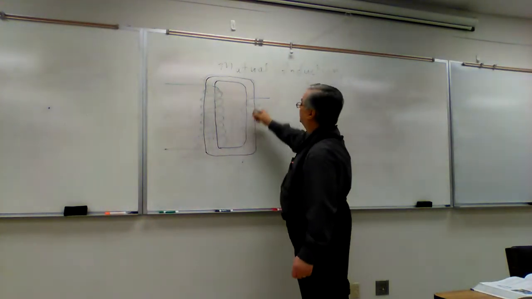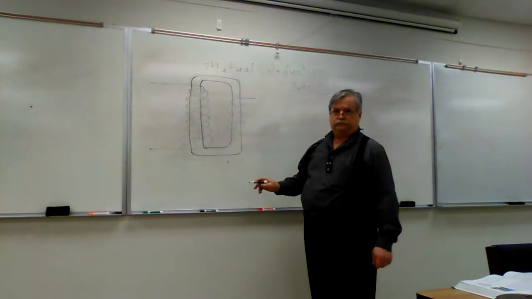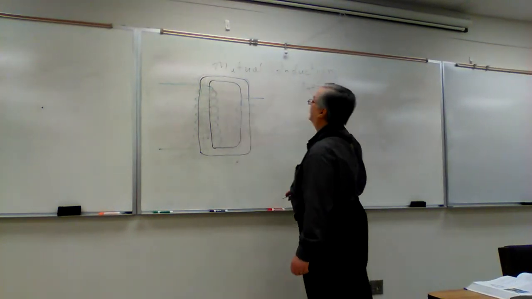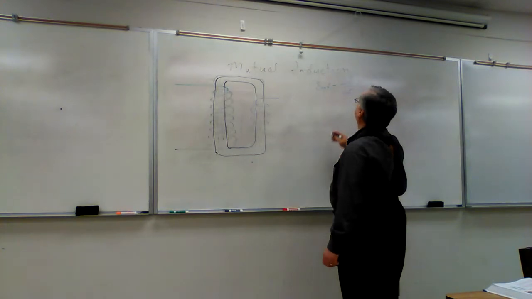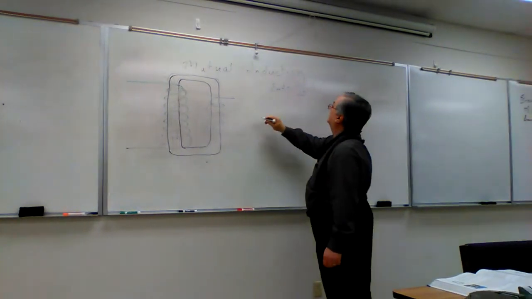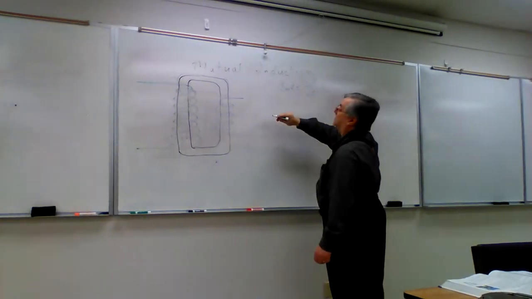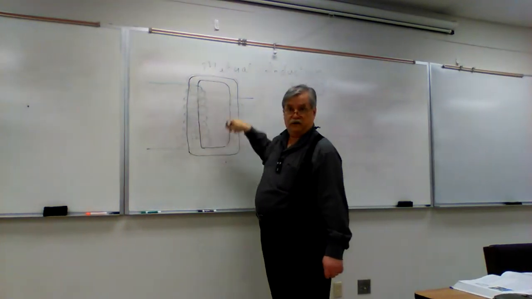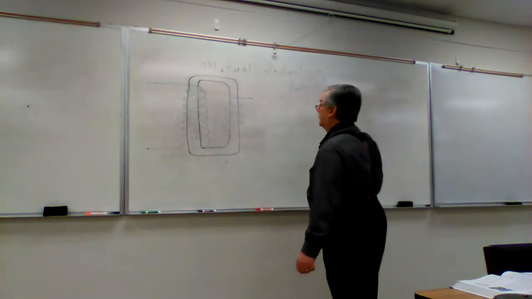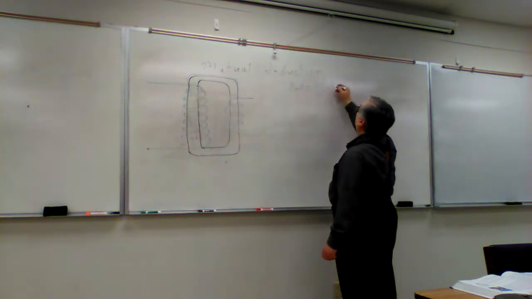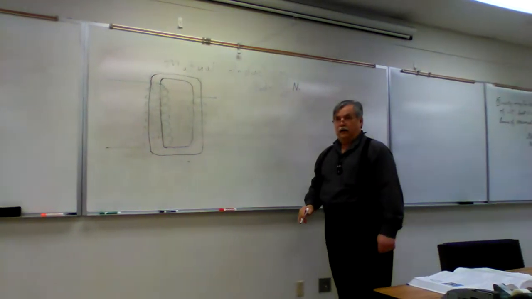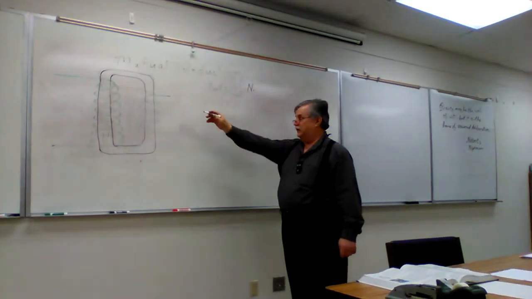What is the voltage induced in this coil? What is the voltage induced in this coil? It's going to be the change in flux that passes through that core, which is contained in the core, per unit time, times the number of turns on that side of the coil.